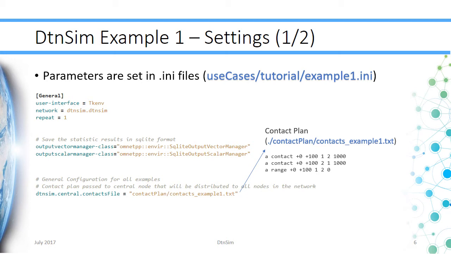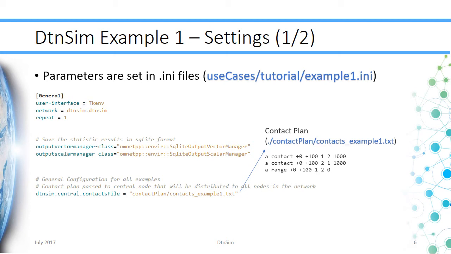It is a very simple text-based file, which basically has a contact command, which has 4 or 5 parameters after the command. The first 2 parameters, which are +0 and +100 in this example, are the start time and the end time of a contact, which is an opportunity of communications between node number 1 and node number 2. So these are the first 4 parameters of this line.